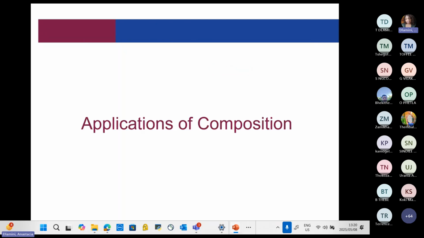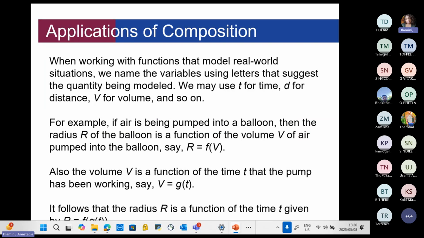Application of composition of function, guys. They say when working with a function that models real-world situations, we name the variable using a letter that suggests a quantity being modeled. We may use t for time, d for distance, V for volume, and so on.